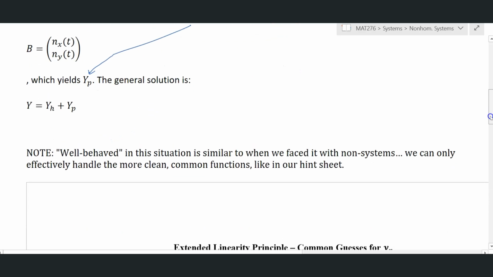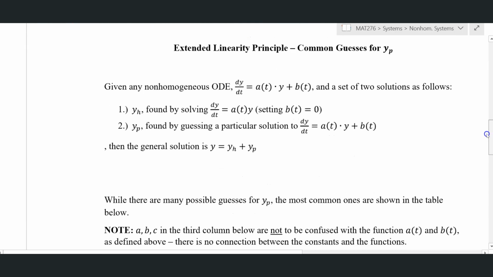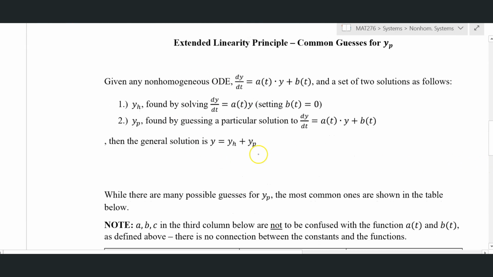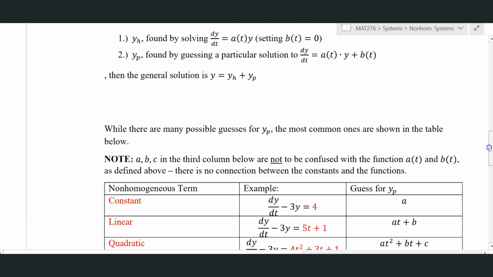So what do we mean by well-behaved? Well, in this situation, it's similar to when we faced it with non-systems. This was the common guesses form that we used, if you recall, and it looks very similar, except our A and B are just matrices here, or vectors rather.